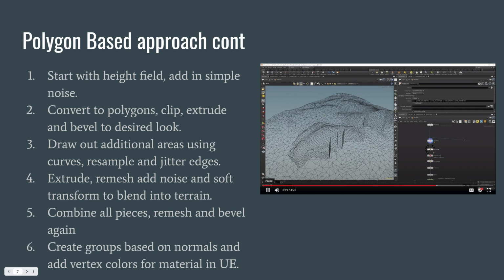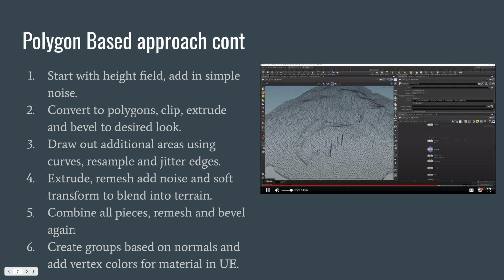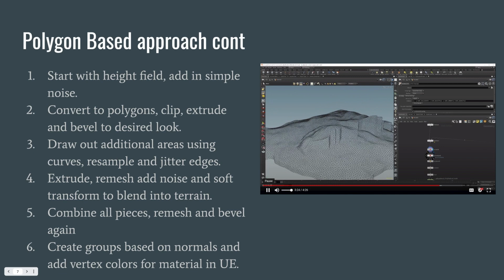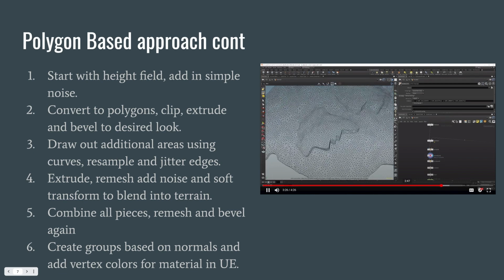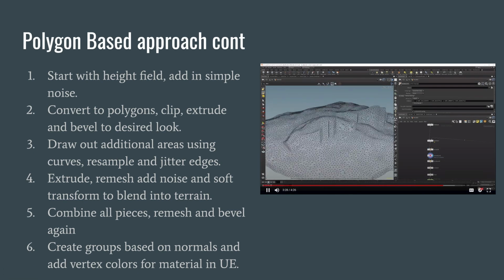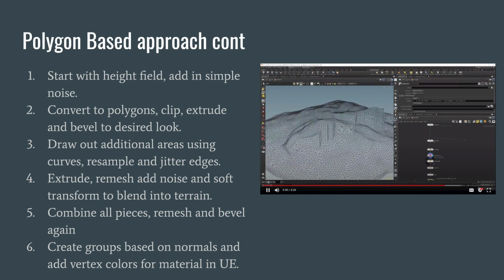And we do another remesh, which actually does a nice job of blending everything together and gets rid of a lot of transitional lines where you have two pieces of geo that look like they've just been placed together. This smooths things out pretty nicely. We just do a couple different cleanup operations. We remesh everything, like I said, and bevel it again.